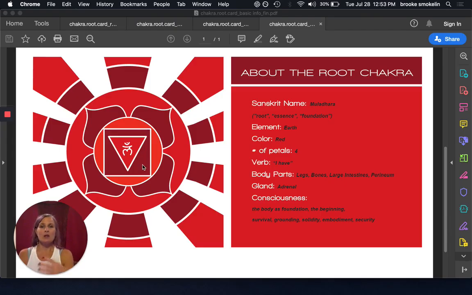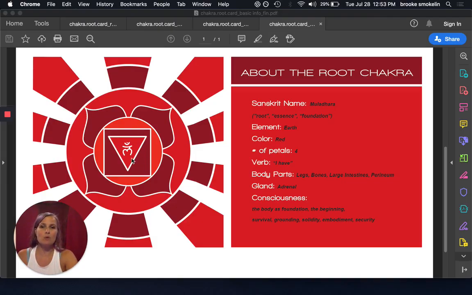That number 4 represents so much about the root chakra. Think of 4 legs on a chair, 4 legs on a table. It's a very stable, secure number. That's what we're seeing when we're meditating on this chakra yantra.